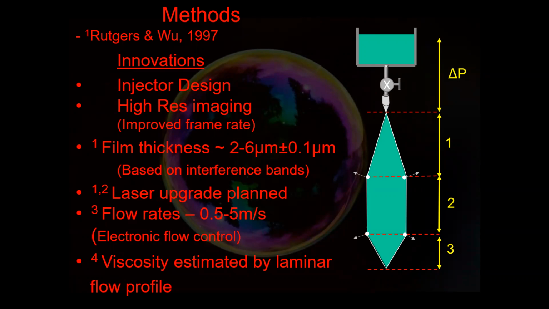We also have improvements in high resolution imaging with improved frame rate for low cost. Our film thickness sits at about 2 to 6 microns, and that's based on the interference patterns that we can actually see, but we do have a laser upgrade planned, so we will determine our film thickness through laser reflection. Our flow rates are on the order of about half a meter a second to about 5 meters per second.